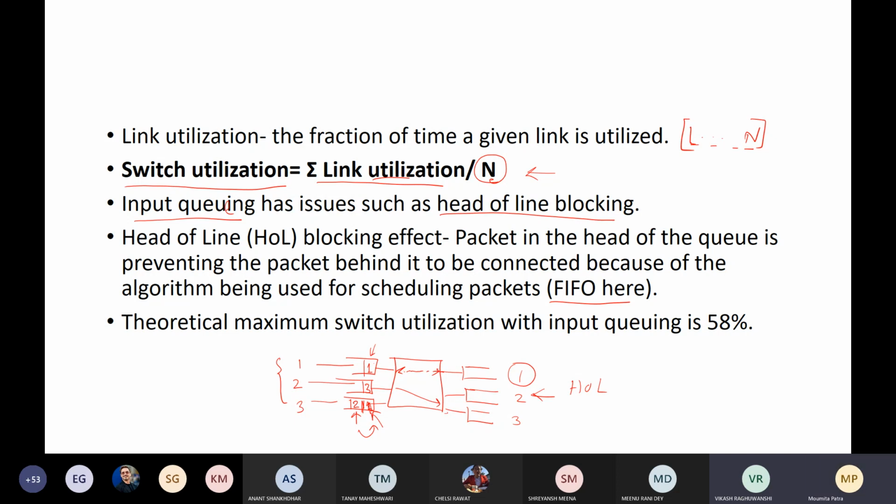In this course we will find out how we get this 58%, but we will go slowly towards that. For now, just know that only 58% of the switch is getting utilized, so it is very less efficient as you can see.